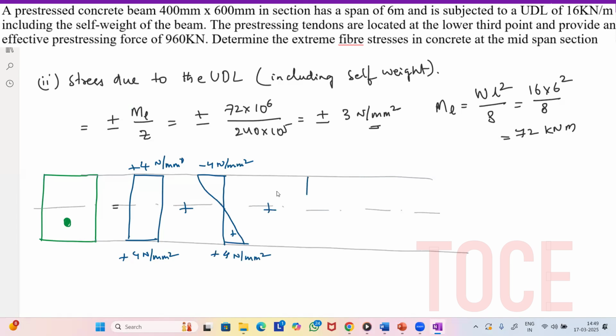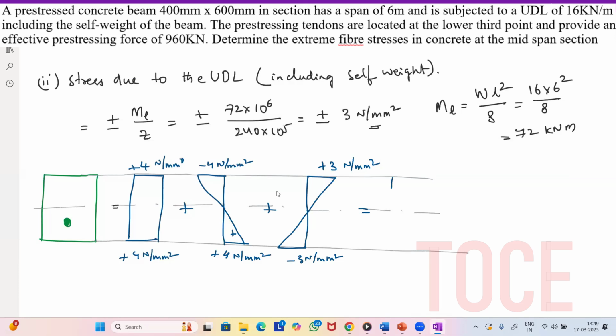Then due to the external load, on top it is positive, plus 3 Newton per mm square, and at bottom it is negative, sorry, minus 3 Newton per mm square.